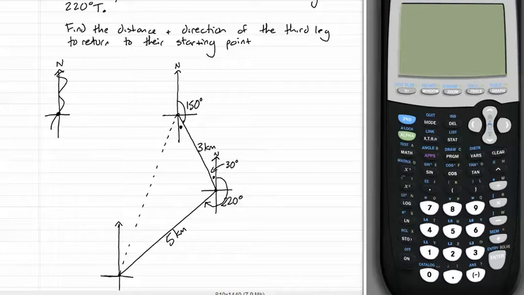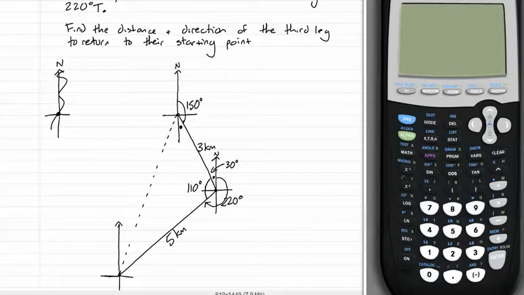That means that I have all the angles round from my 3 kilometer line to my 5 kilometer line, 220 degrees, and 30 degrees means it's 250, which means, since this is one whole rotation, if I add in this angle here, 360 minus 250 gives me 110 degrees inside that triangle.